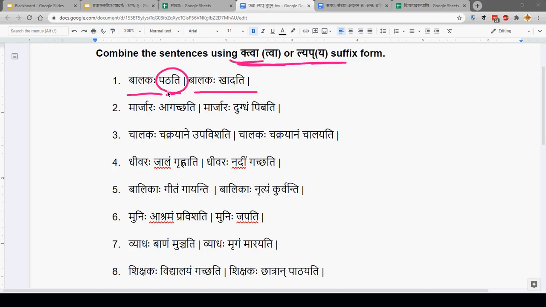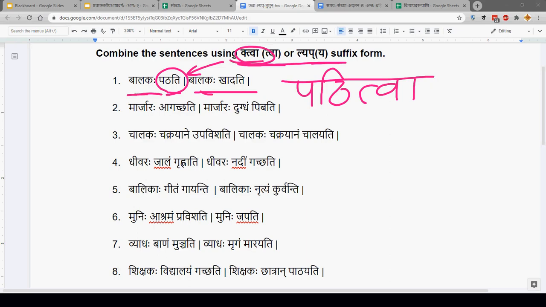So to indicate after, we attach this suffix to patati. So we have patitva. Balaka patati changes to patitva. Balaka khadati. Balaka patitva khadati.